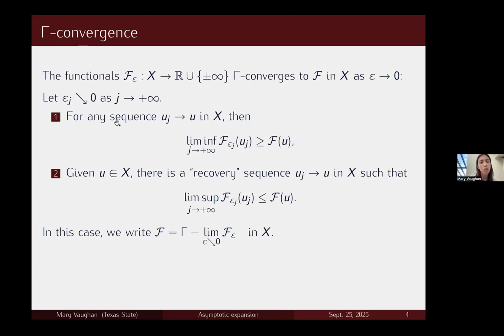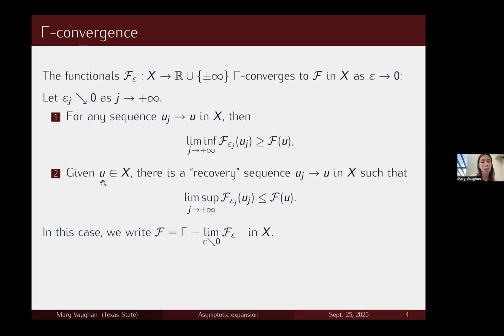The two things we need are, first, for any sequence uj that converges to another function u in your space, the lim inf of your functional evaluated along that sequence is bigger than or equal to f of u, f being the limiting functional.